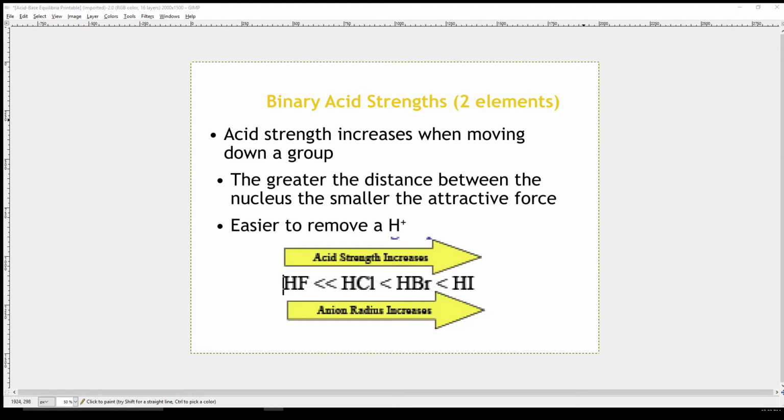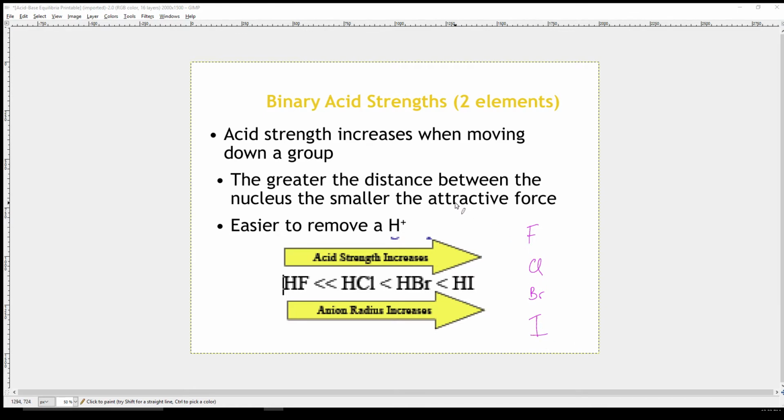All right, binary acid strength. So this is when you only have two elements. These rules are for when you only have two elements, like HF, HCl, HBr, and so on. So I'm just going to go ahead and write down what this looks like in the periodic table. Fluorine, chlorine, bromine, iodine. This is our periodic table.